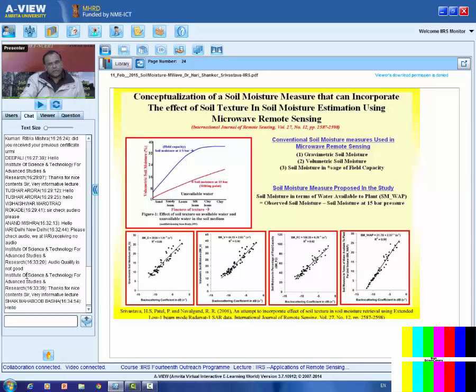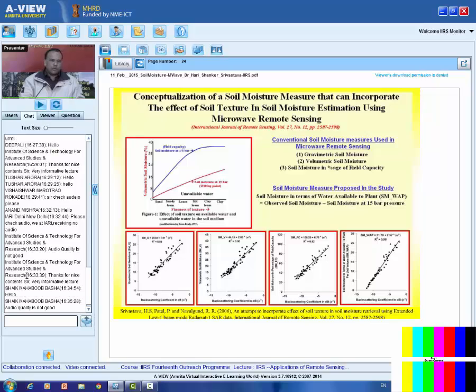Due to higher proportion of bound water, its dielectric constant will also be slightly lower, and which will result in low backscatter. So we also have to address the effect of soil texture.